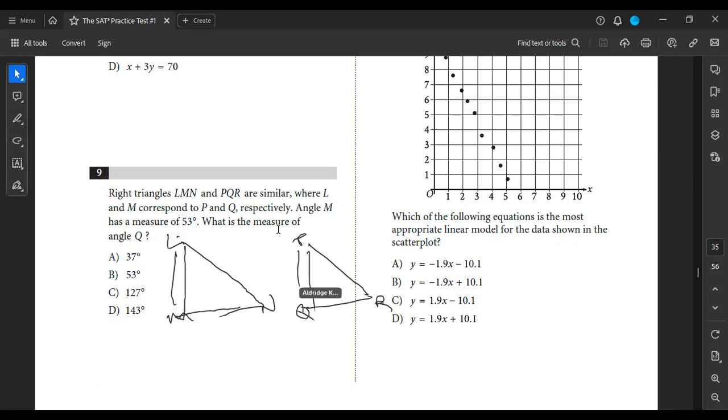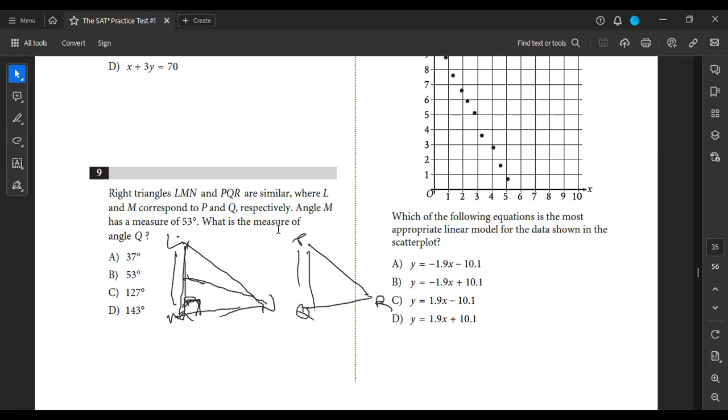Okay, great. So we could probably even have done this triangle like this. And we know which means M is the same, and angle M is 53. So let's say it's not the right triangle.